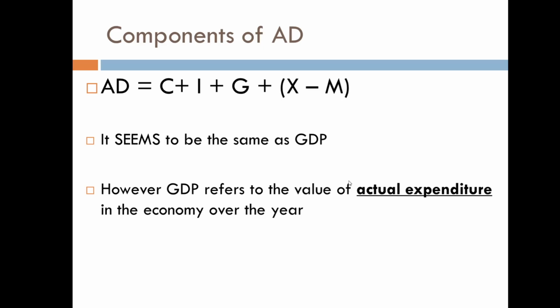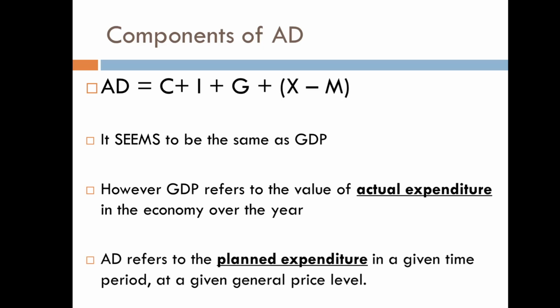The idea here is just like what you see in microeconomics. GDP means the actual expenditure in the economy over a period of time, let's say a year. But when we talk about demand and supply, that one is just a planned expenditure.